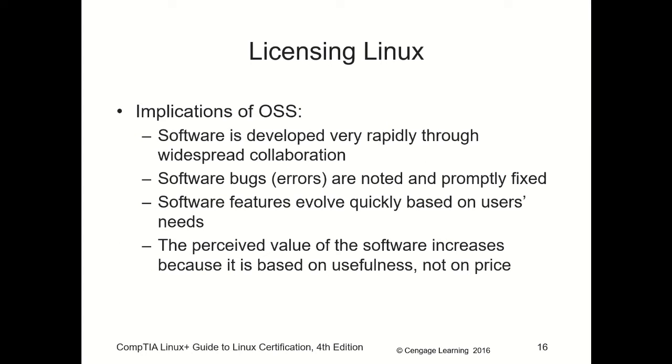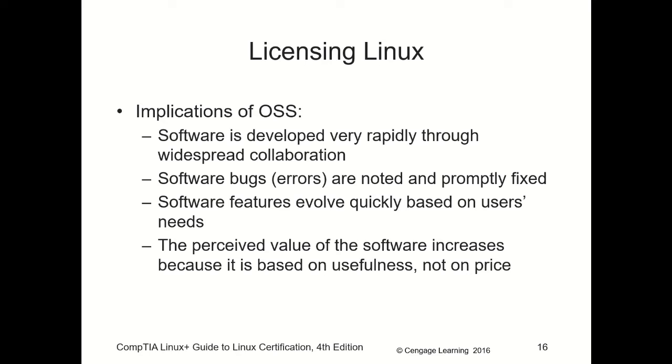So open source software has multiple implications. The software is developed very rapidly through widespread collaboration. By the way, sometimes people think that open source software is free software. It's free, of course, but the concept is not free like a free coffee, but free like free speech.